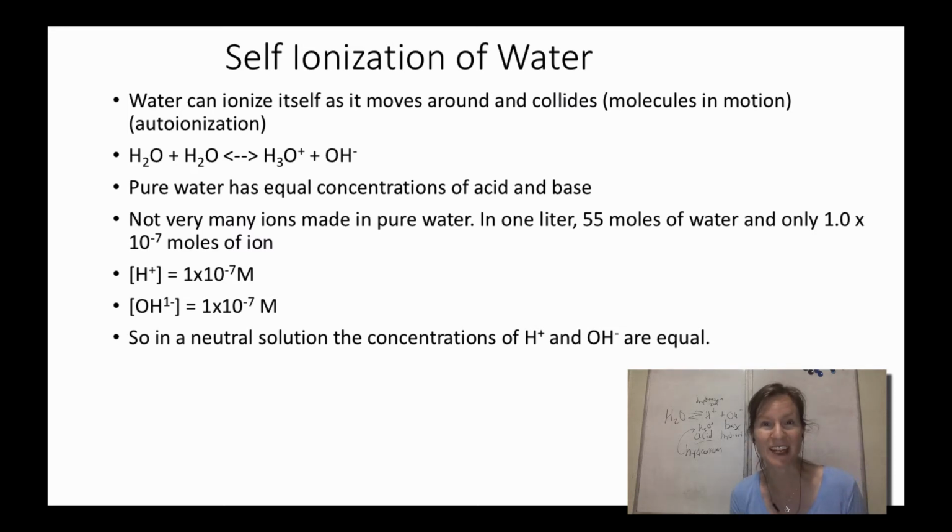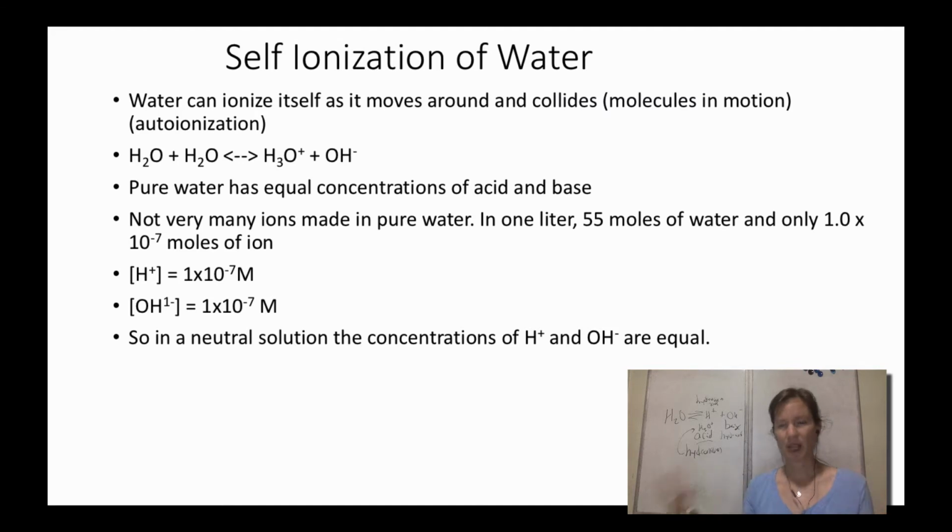It's so tiny, right? But because H and OH affect the chemistry that can happen in the water, any amount of H or OH is really important. What's weird about acids and bases is it's usually a really small amount of H and OH that can affect a whole system.